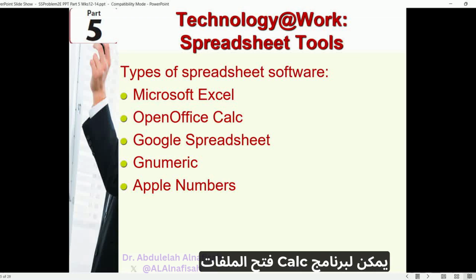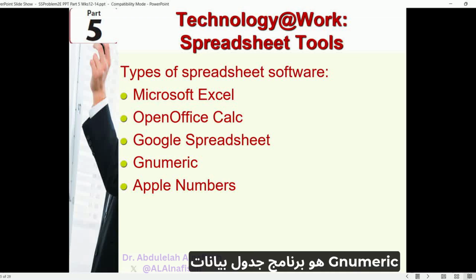Calc can open and save files in the XLS format of Excel 2003, ensuring compatibility with Excel users. Notably, it has features such as series definition for creating charts based on data layout and the ability to save spreadsheets as PDF files, enhancing its utility for sharing and presenting information.